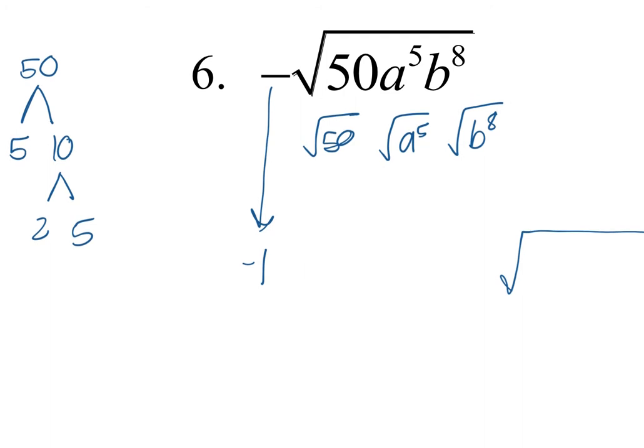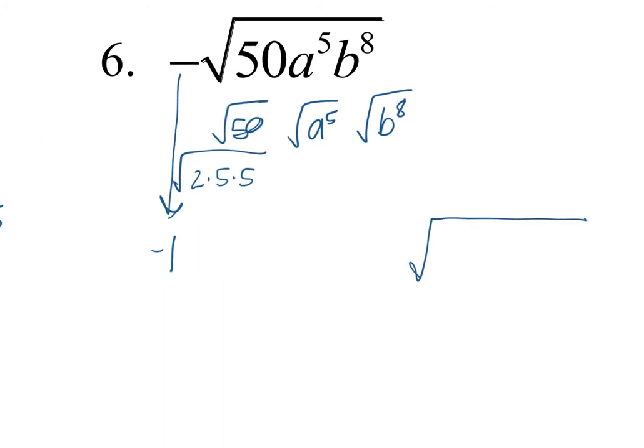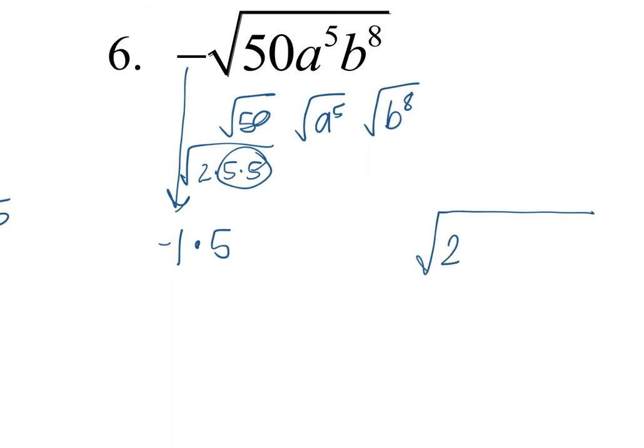So 50 can be rewritten as 2 times 5 times 5. So there is a group of 2 5s, so a 5 can come out, and the number 2 stays in because it was left over, it did not repeat twice.